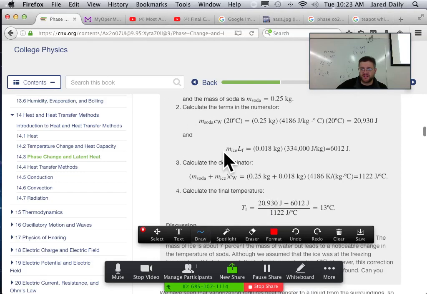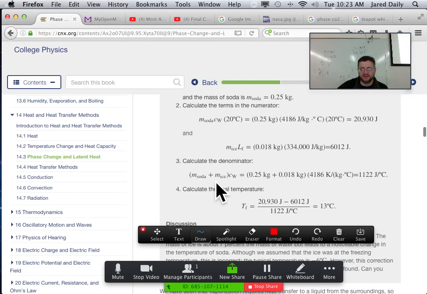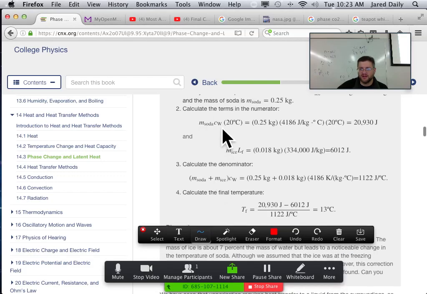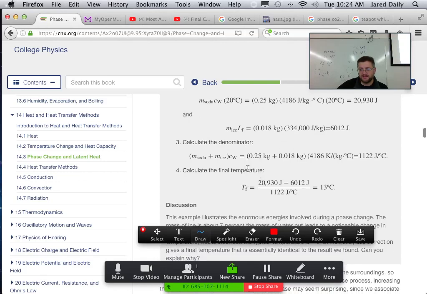And they end up solving the same equation, m times L and m c delta T, which is this one right here. Then they take a difference, and that's fine too. But either way, they get a final temperature of 13 degrees Celsius. I would have gotten a change of temperature of -7 doing it my way, and it would give you the same answer.